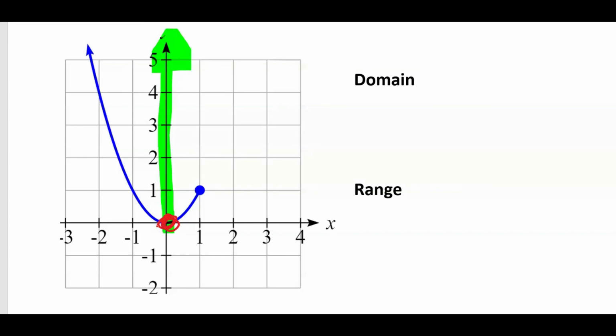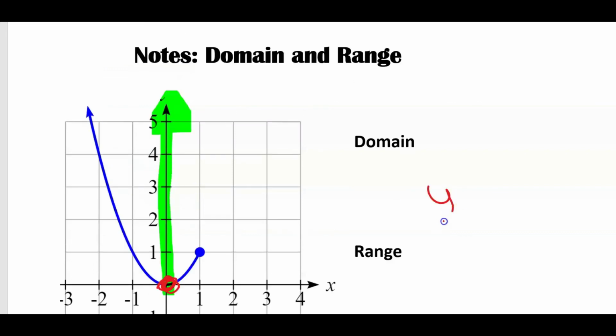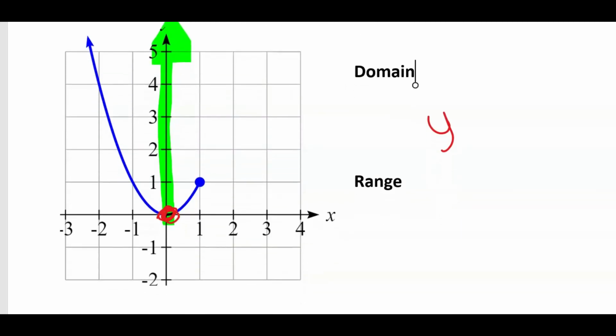So my range values are from 0, so y is greater than or equal to 0, because my y values never go below 0. They only go up from 0. So y is greater than or equal to 0. So that's how I would describe the range of this graph. My y values are always greater than or equal to 0. My domain values were always less than or equal to 1.